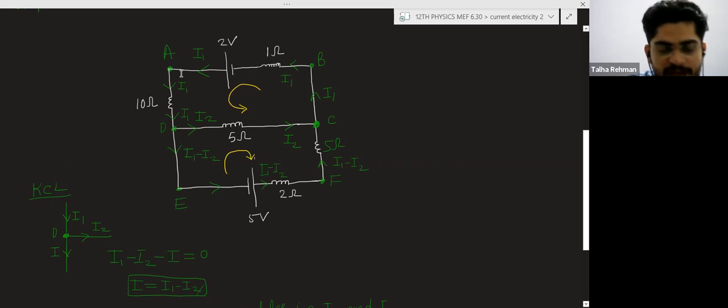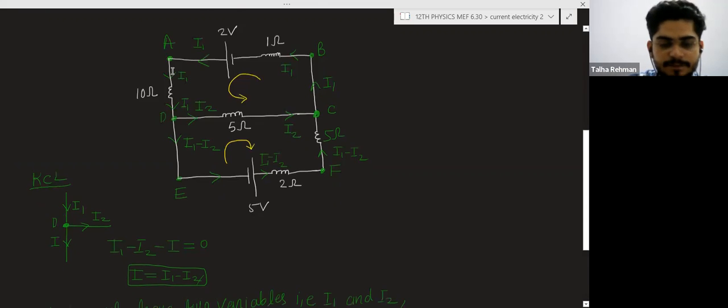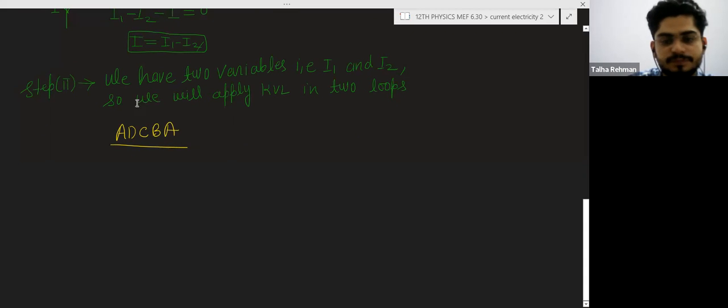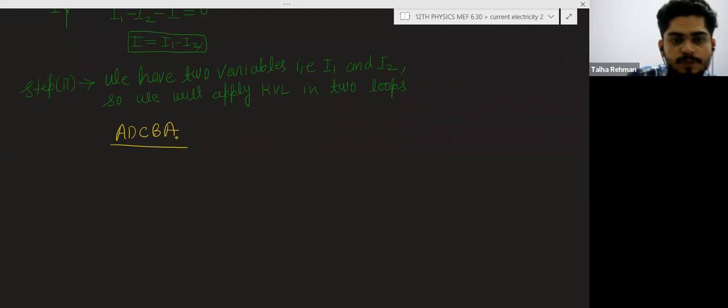So I have supposed the loop first ADCBA. This is the loop I have chosen, and another loop I have chosen.